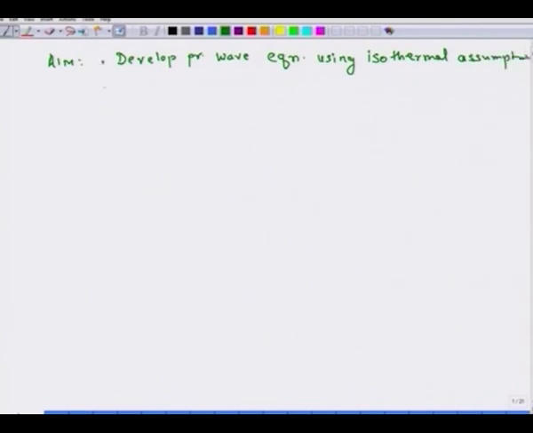This is one aim, and the second aim is to find what is the value of C, that is the velocity of sound, if air behaved isothermally.